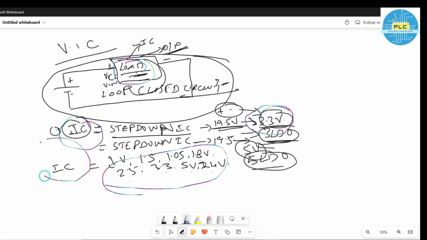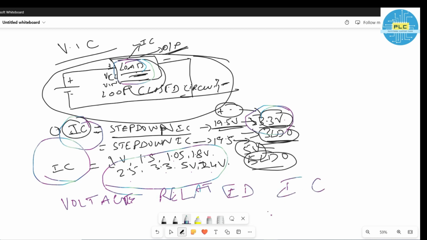These are IC characteristics. These are all called voltage related loads. See, voltage related IC is nothing but a load.